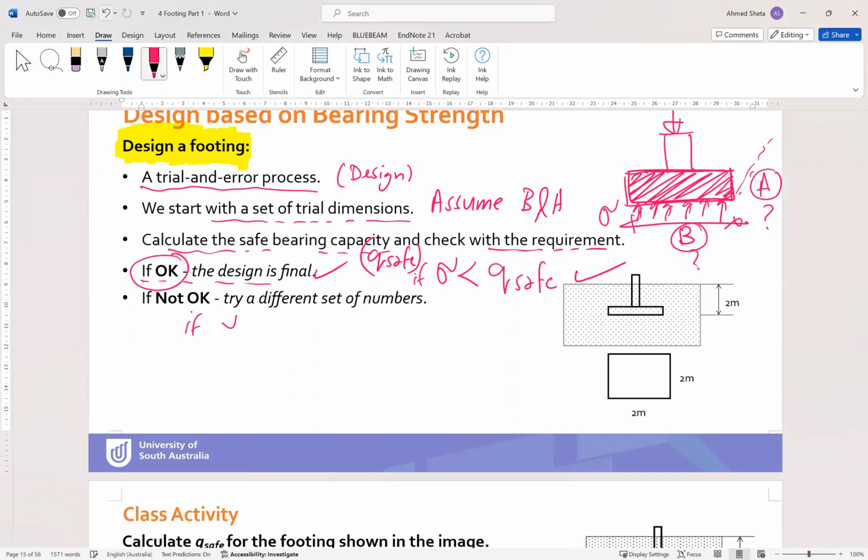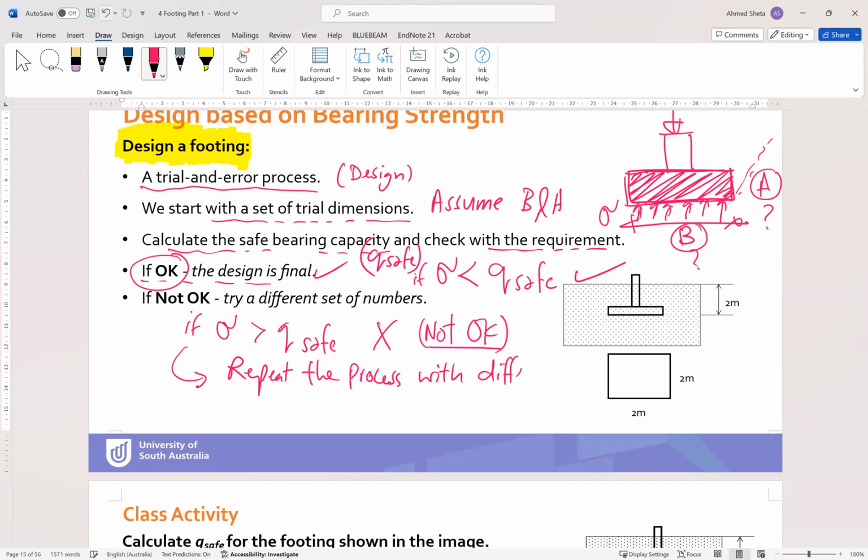But if sigma is more than Q safe, this means the design is not okay and you need to repeat the process again with a different set of dimensions.